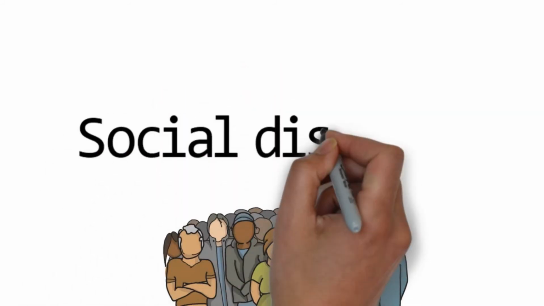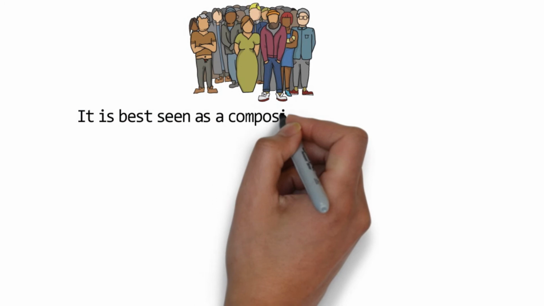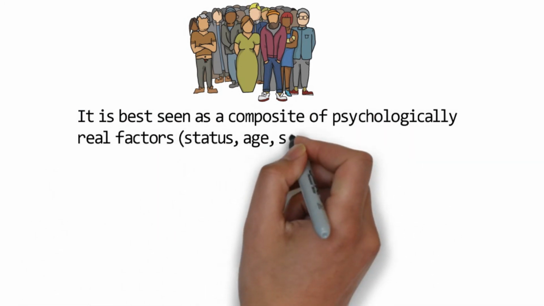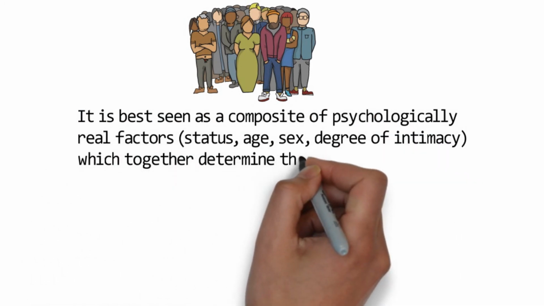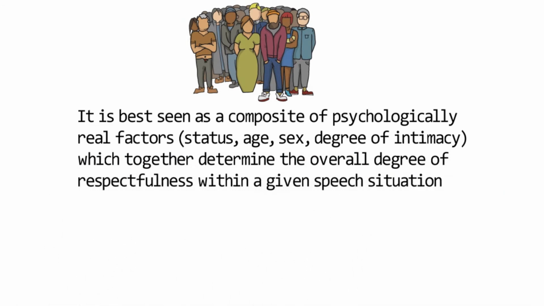Okay, the next section is social distance. It is best seen as a composite of psychologically real factors such as status, age, sex, and degree of intimacy, which together determine the overall degree of respectfulness within a given speech situation.